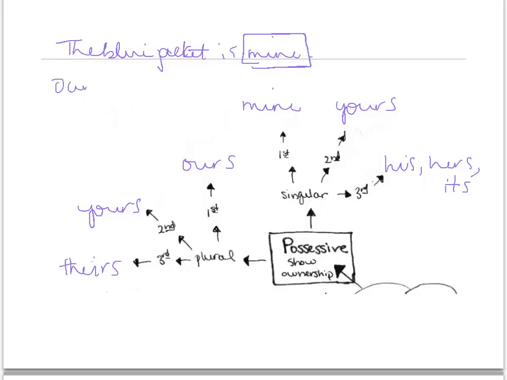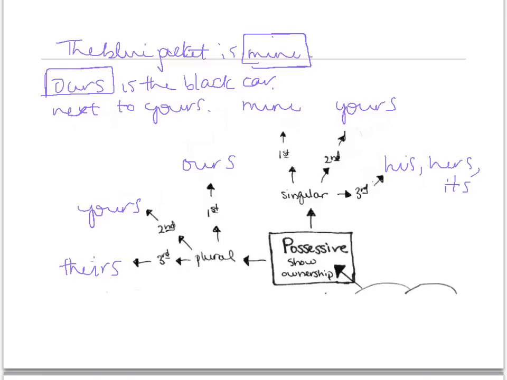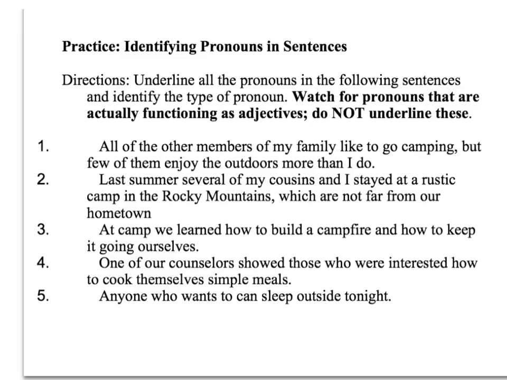Another example: ours is the black car next to yours. In this sentence, ours stands in for car, yours stands in for car, and both show ownership of their respective antecedents.